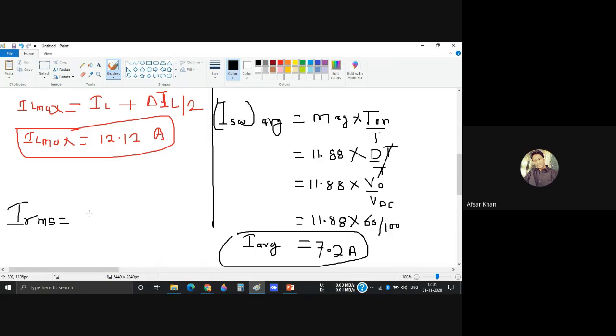IRMS, students, is the square root of magnitude square into on time divided by total time.